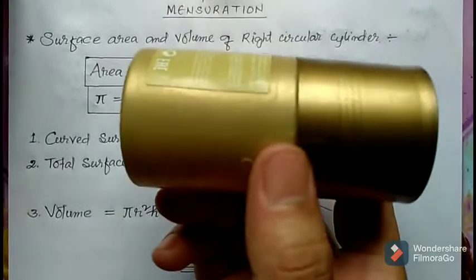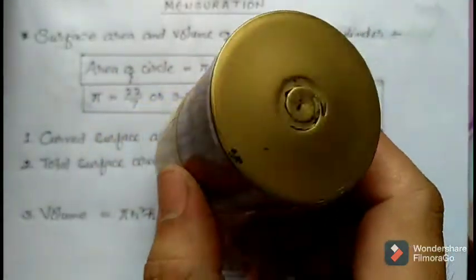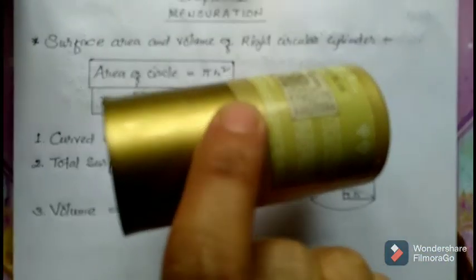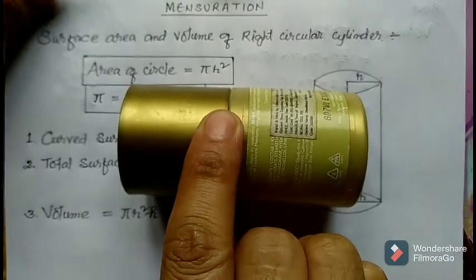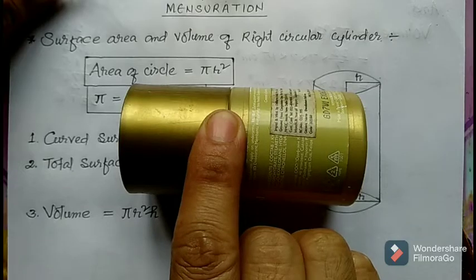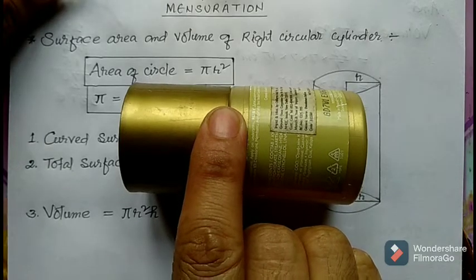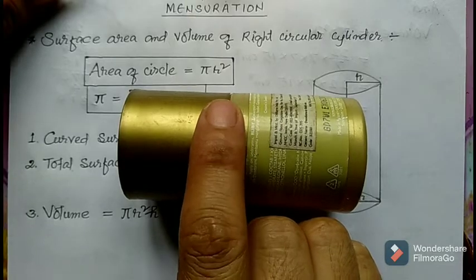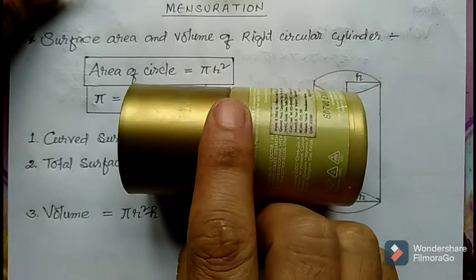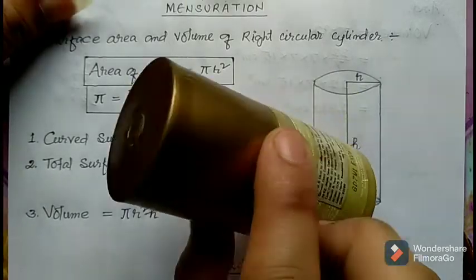So this shape of any size, small or big, is called a cylinder. That is the example of a cylinder. You might have come across so many containers of this shape. Some are small, some are big. Anyway, size doesn't matter. This shape is called cylinder.